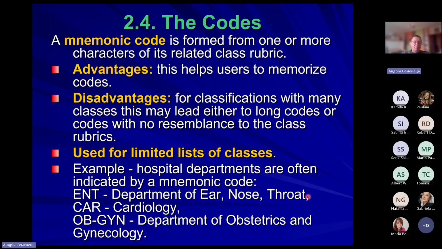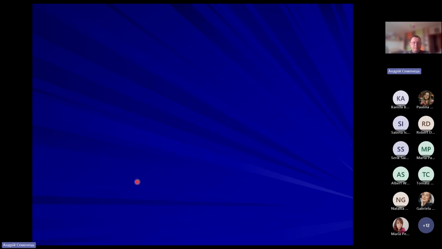Actually, I already showed an example of mnemonic code, that is coding of gender by M and F characters. And here is abbreviation. Abbreviations, like I have already spoken about, HL7, FHIR, etc. So all these abbreviations are also definitely examples of mnemonic codes as well.